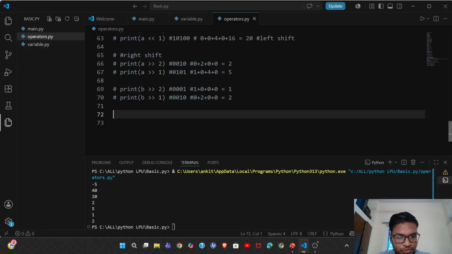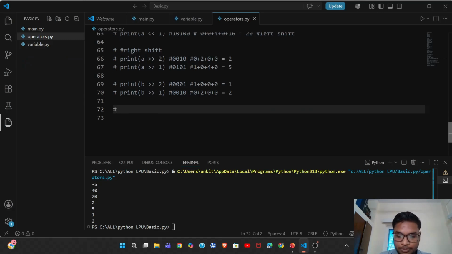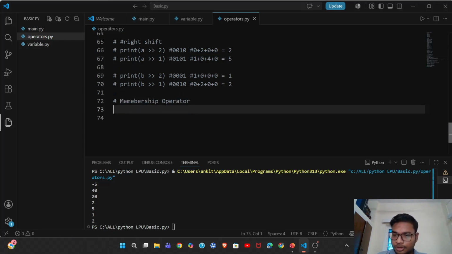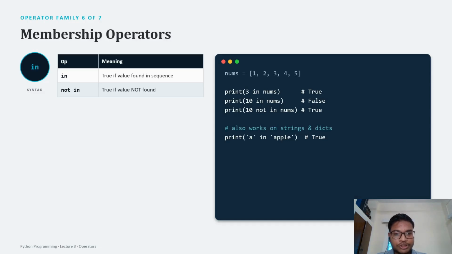Okay, so this is all about the membership operator. What does it mean? Like, if you have a list of nums equal to this, this is the list. There are five elements: 1, 2, 3, 4, 5.